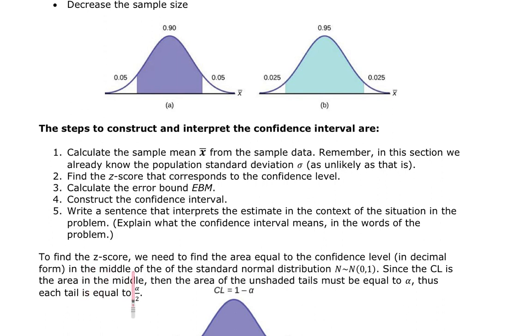So to find the z-score, we're going to use a standard normal distribution. So we know with the standard normal, it has a mean of 0 and a standard deviation of 1. Since the confidence level is the area in the middle, then we are, of course, going to use alpha divided by 2 because of the tails.